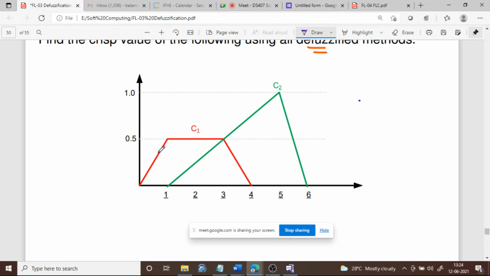First you have to take the union of these two plots. If you take the union of these two plots, how will the plot be? Up to 3, the output will be from C1 or C2.